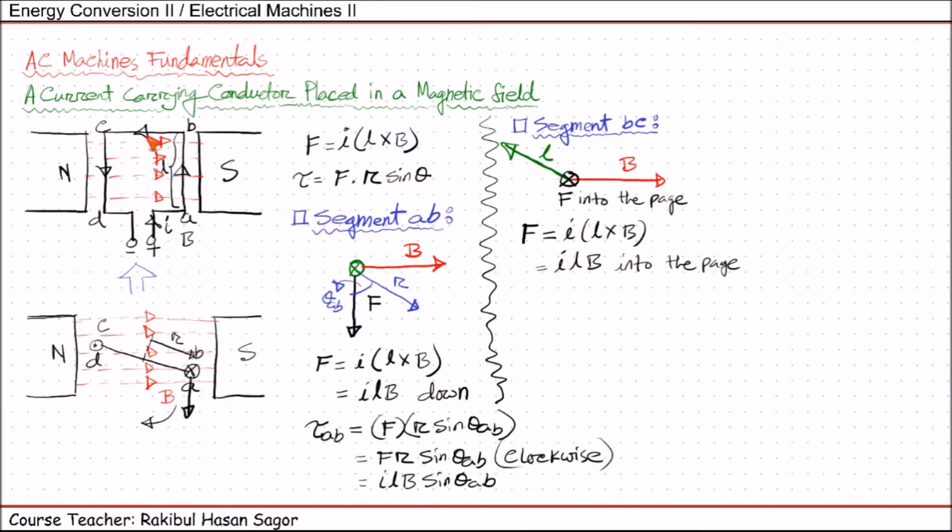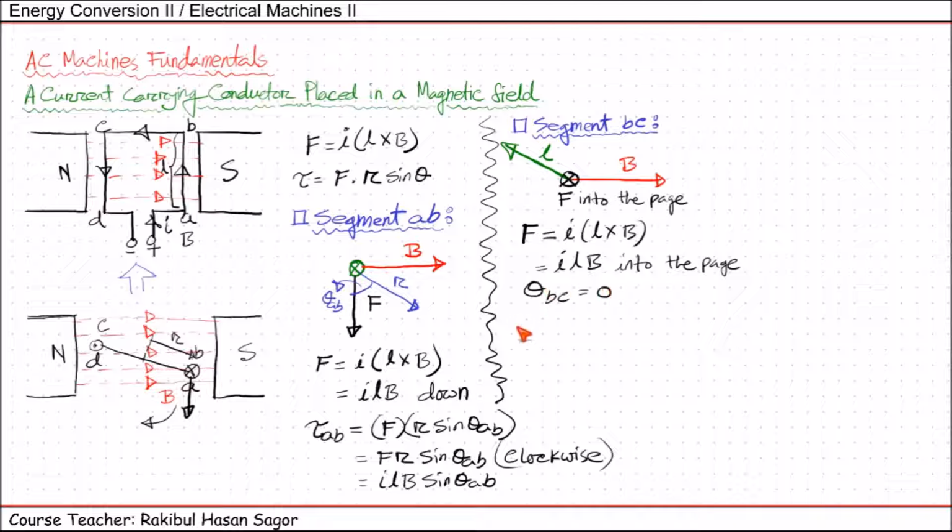Now for this BC section, we can see R and L are parallel. As they are parallel, the angle difference between this R and L is 0. So we can say theta BC is equal to 0.